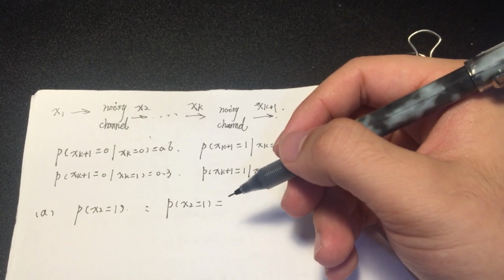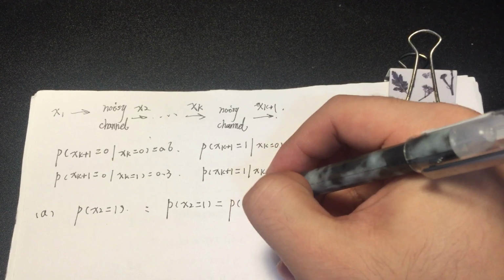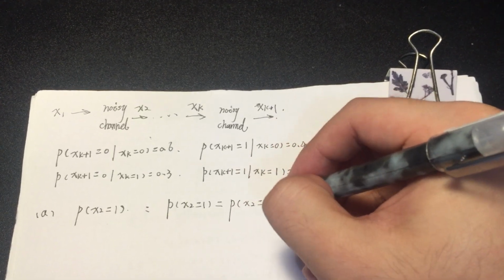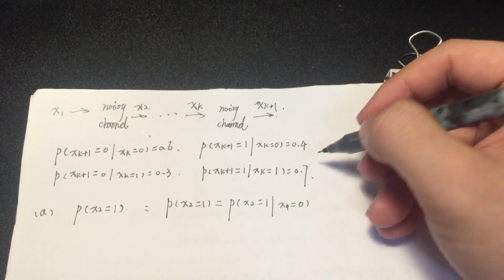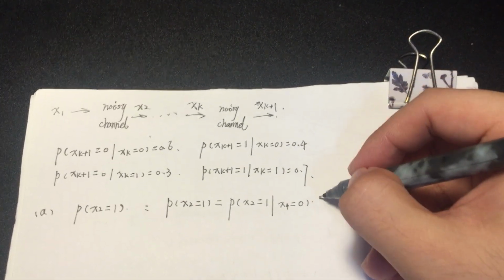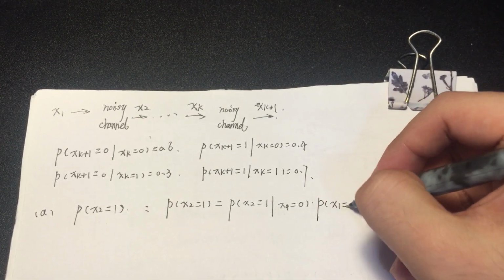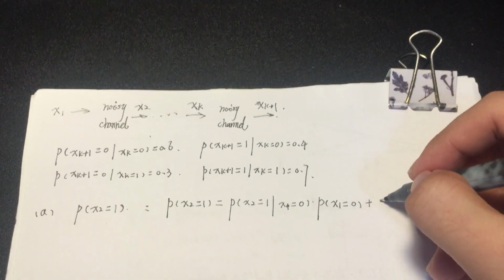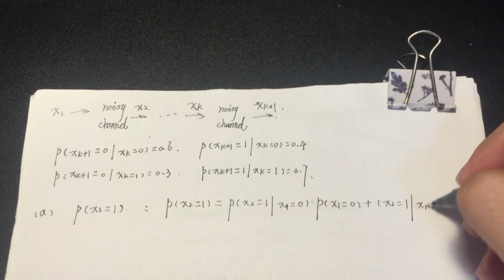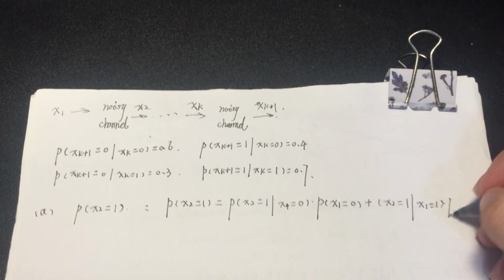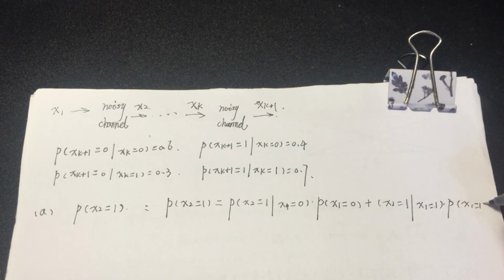So P(x2 = 1) equals the conditional probability P(x2 = 1 | x1 = 0) multiplied by P(x1 = 0), plus P(x2 = 1 | x1 = 1) multiplied by P(x1 = 1).